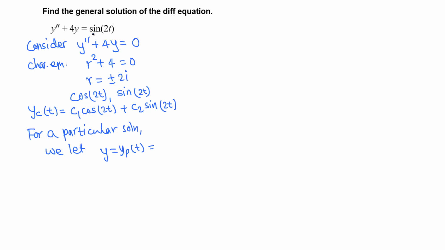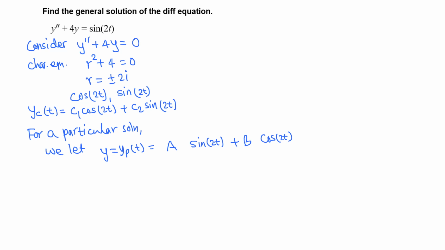But when we find the derivative, sine will become cosine as well, because the derivative of sine is cosine. So we have to write down a linear combination of sine and cosine: a sine 2t plus b cosine 2t. Then a and b are constants, and we need to determine a and b.